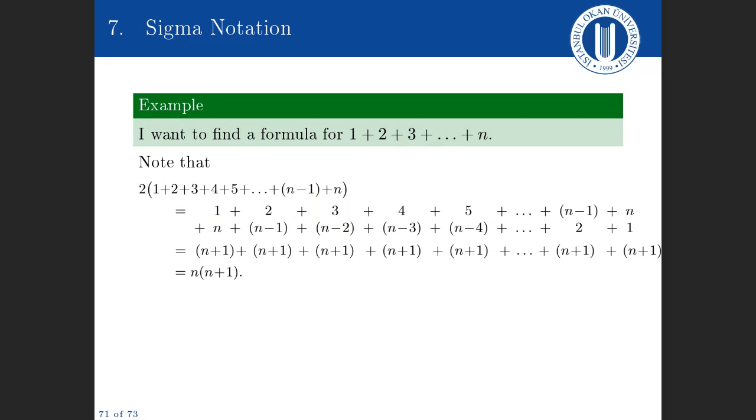Well, the first one is number 1 and the last one is n. I've got n lots of n plus 1, so n multiplied by n plus 1. This is double the number that I really want. To get the number that I really want, I'm going to divide by 2. The sum of k between k equal to 1 and n must be n multiplied by n plus 1, divided by 2.